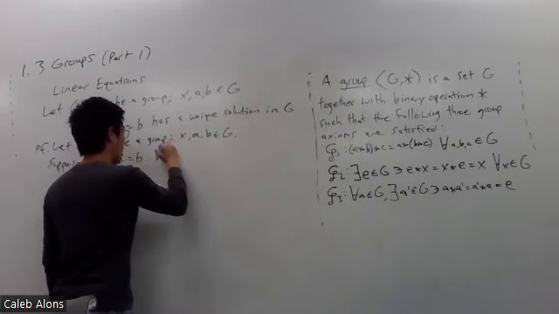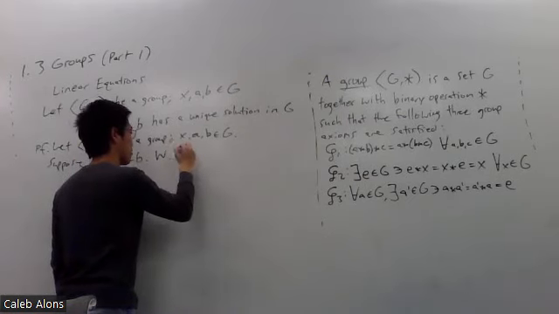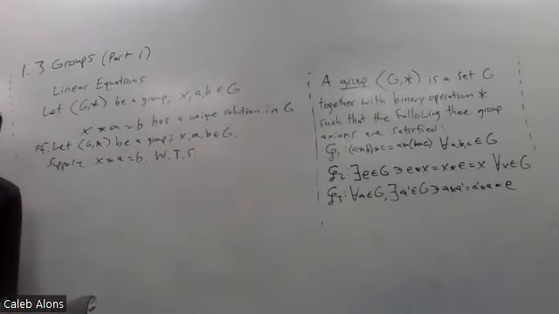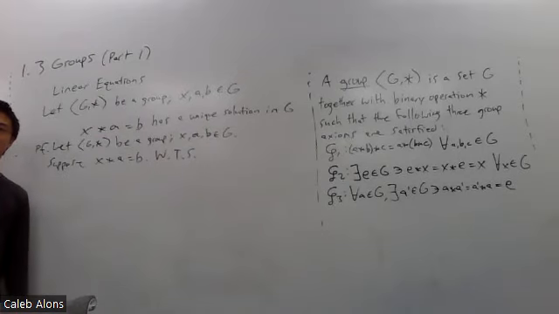Alright, what are we trying to show? Like when I say I want to show, do I know what I want to show? Yeah. What do I want to show? x star a equals b has a unique solution.